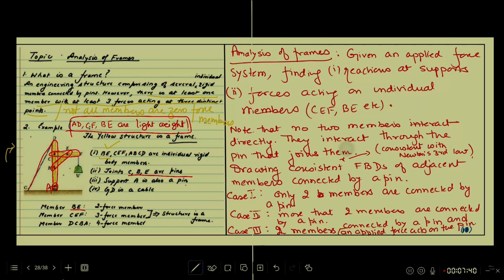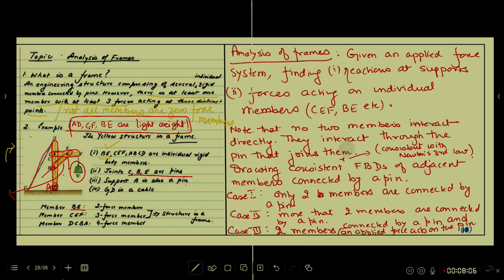So this member may have a mass of say 1 kg. So what is the weight? Almost 10 newtons. But the kind of forces that could appear at the joints, or the kind of force that is hanging from the frame, that may be in kilonewtons.